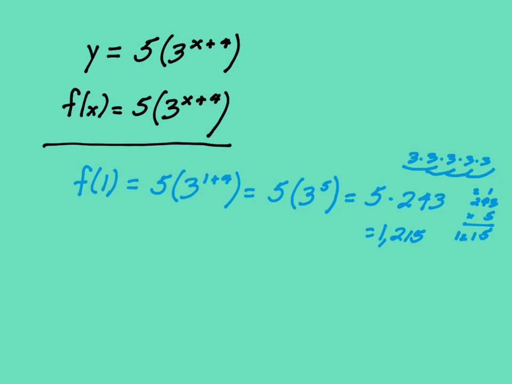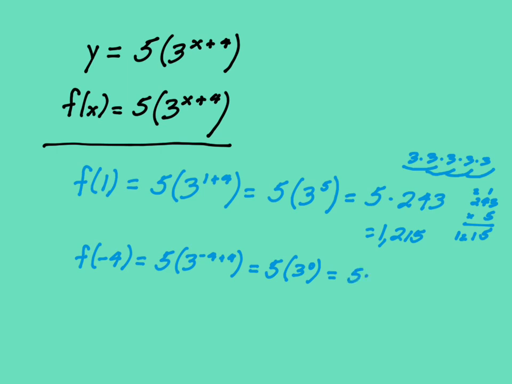How about if we had something like f of negative 4? Well, this would give us 5 times the quantity 3 to the negative 4 plus 4 power. Well, this is really 5 times 3 to the 0 power. And if you recall, anything to the 0 power is 1.